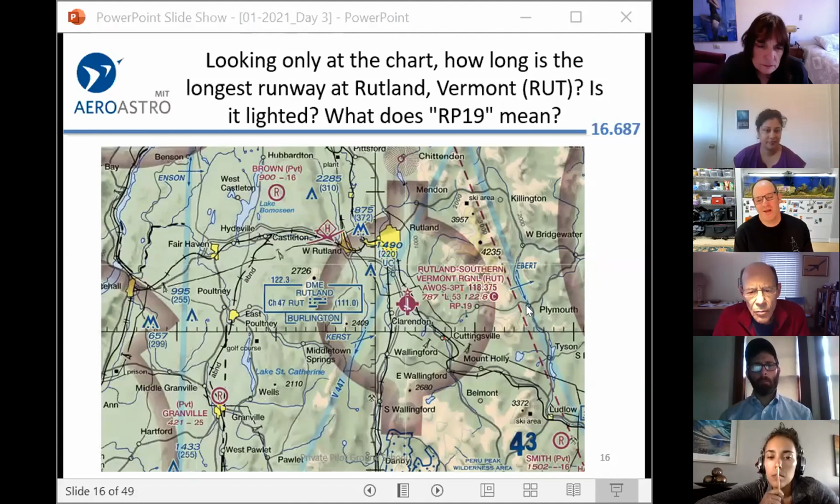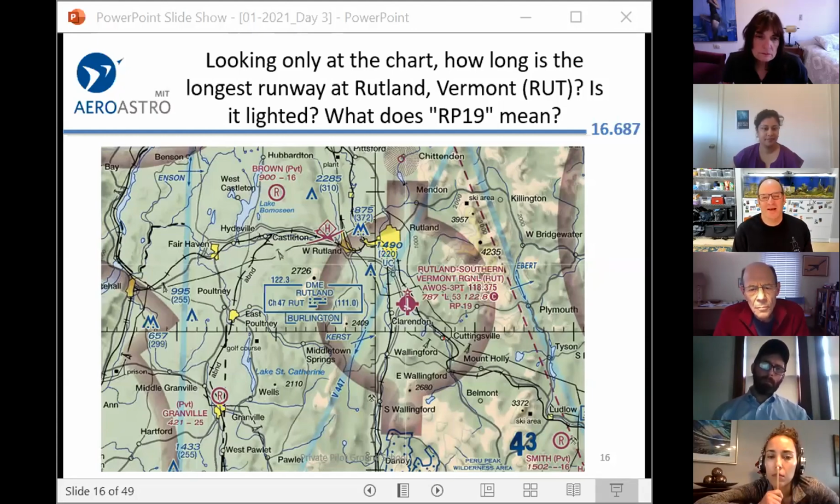So they're basically saying if you're coming down from the north to the south, it's better to make right turns and be on the railroad track side. Actually, no, it's not a railroad track. That's the power line side. Better to be over the power lines and not over that hill. So that's the right pattern instead of the usual conventional left traffic pattern at an uncontrolled airport.